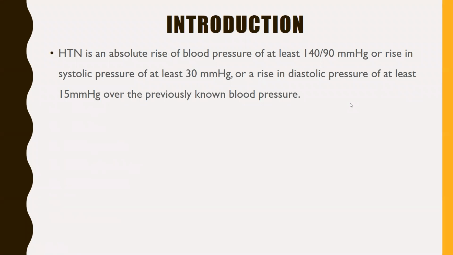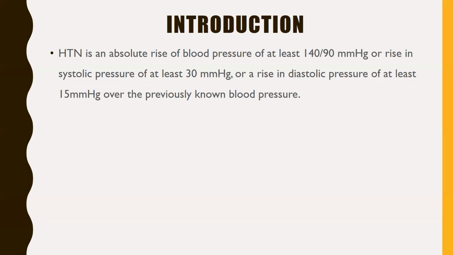So in our introduction, we just define what hypertension is. This is a condition where the blood pressure is equal to or above 140/90 millimeters of mercury. Or it can be a rise in the systolic blood pressure of about 30 millimeters of mercury or more, or a rise in the diastolic blood pressure of about 15 millimeters of mercury or more than the previously known blood pressure of that particular patient.